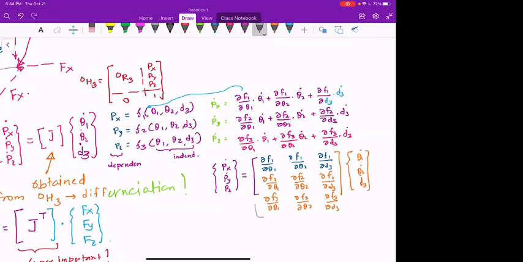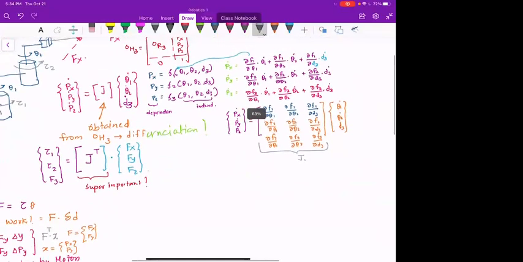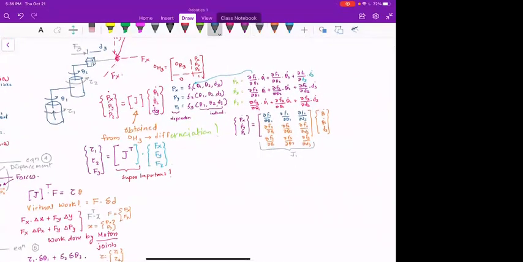So this guy is the Jacobian. And once this Jacobian is calculated, you can find out torque 1, torque 2, and F3. F3 is the joint force or the force given by that linear actuator. Tau 1 is the torque of the first motor, tau 2 is torque of motor 2.